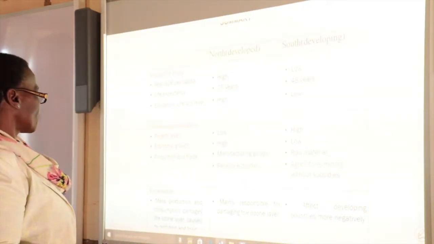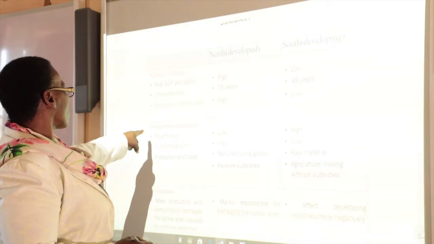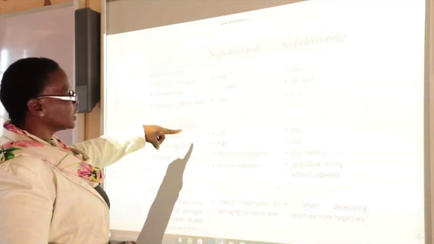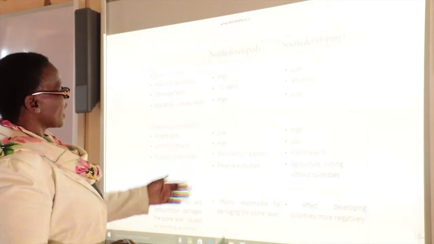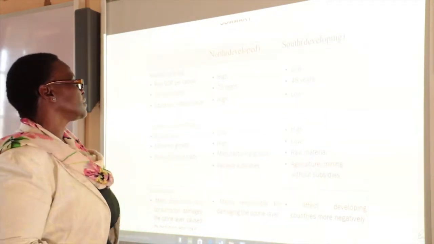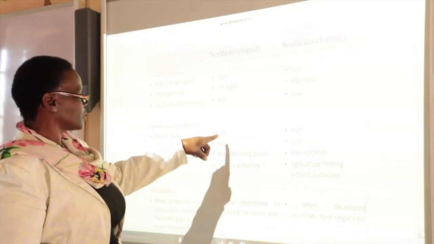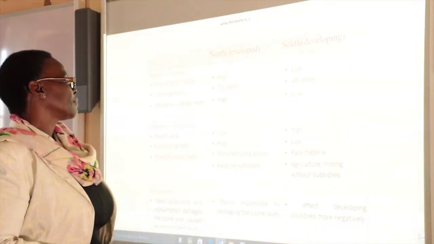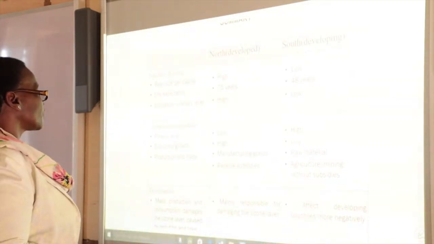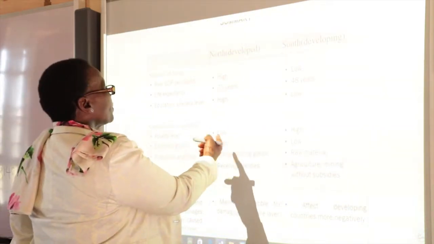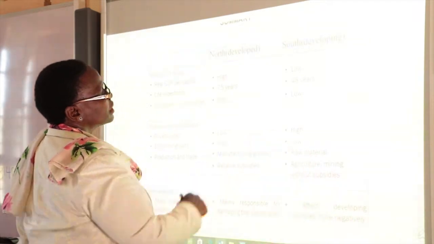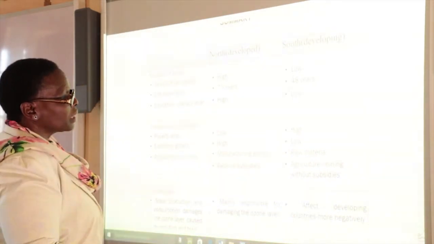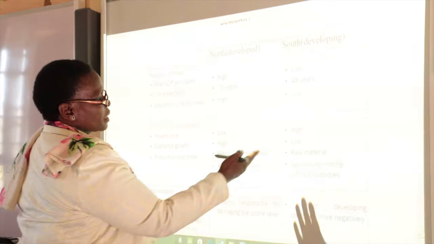Then number two, we compare them in terms of globalization inequalities, where we look at the poverty level. Developed countries are less poor than the developing countries, so poverty level is low. With the South, poverty level is high. Economic growth, developed countries are industrialized, high, and they do not rely on primary sectors.